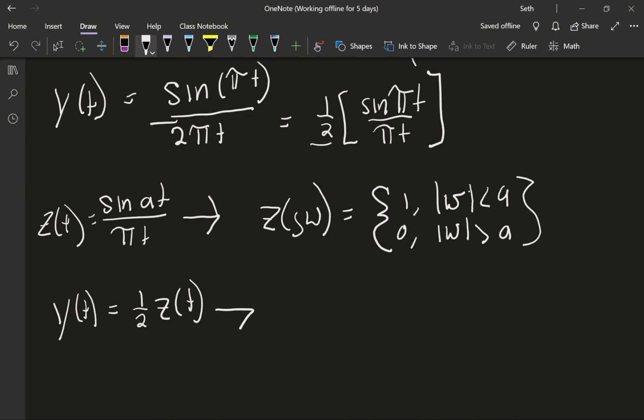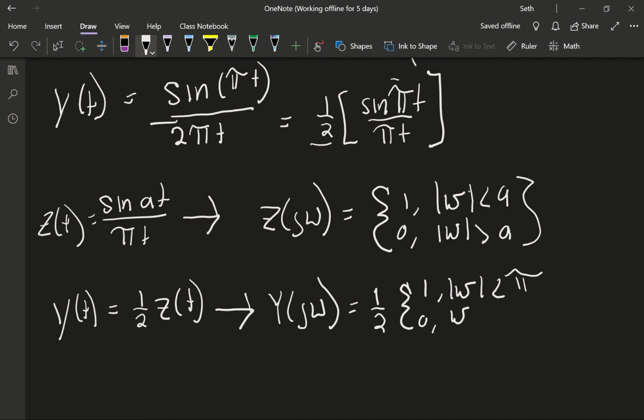So we can say then that Y of j omega is equal to 1/2 for absolute value of omega less than pi, because that's our value of a, and 0 for the absolute value of omega greater than pi.